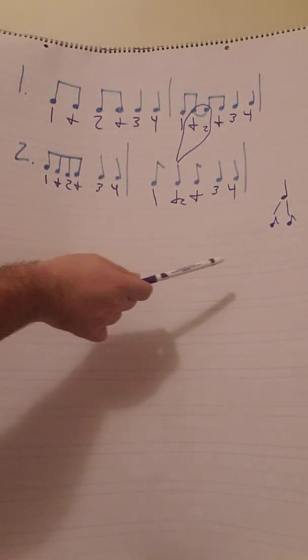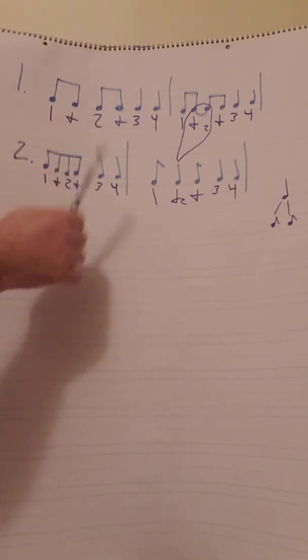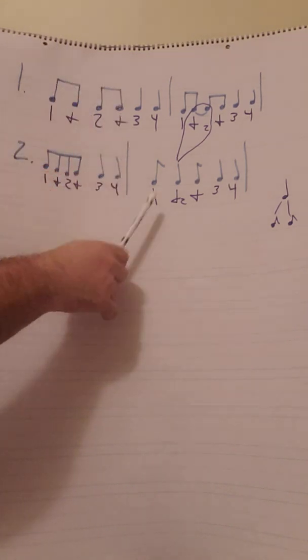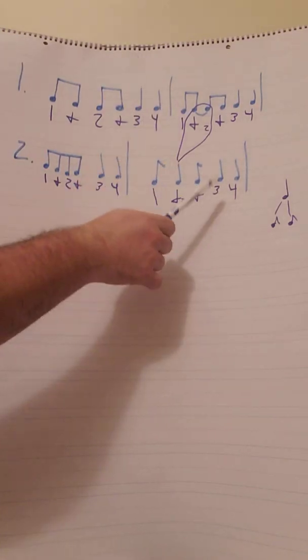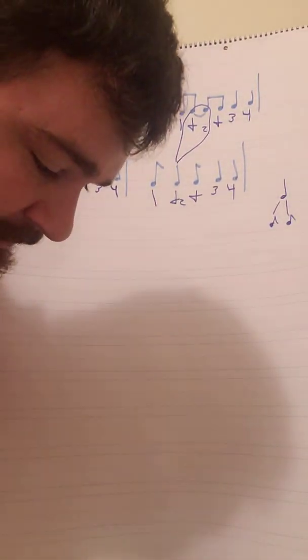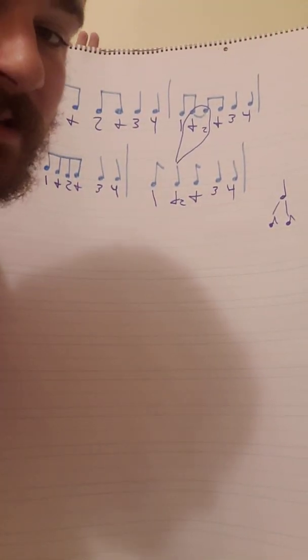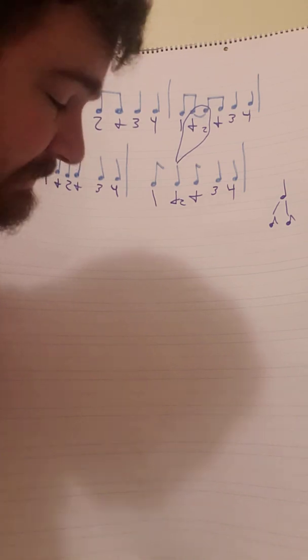All right, so watch it down here now. 1 and 2 and 3, 4, 1 and 3, 4. If you listen carefully, you would have noticed that they sounded exactly the same.